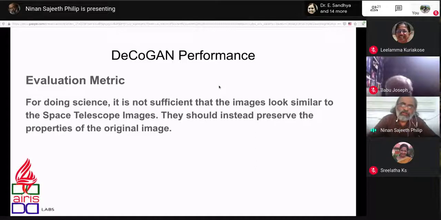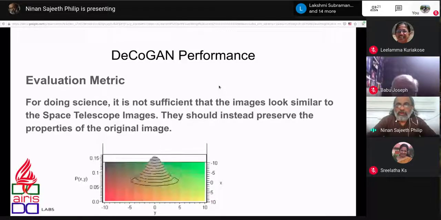Two things are to be observed here. We know that it is a Gaussian process. So the effect on the star would be to spread out the light accordingly. So the process that we do here should be able to reconstruct the Gaussian effect as shown here.